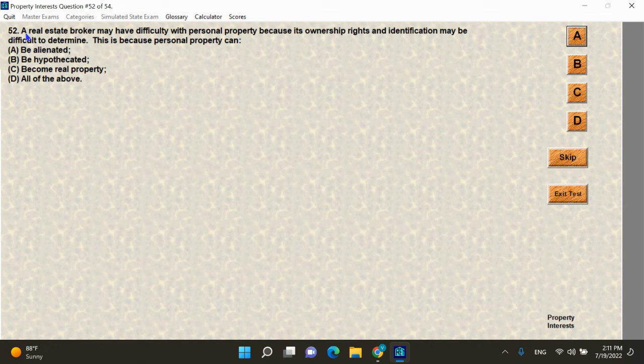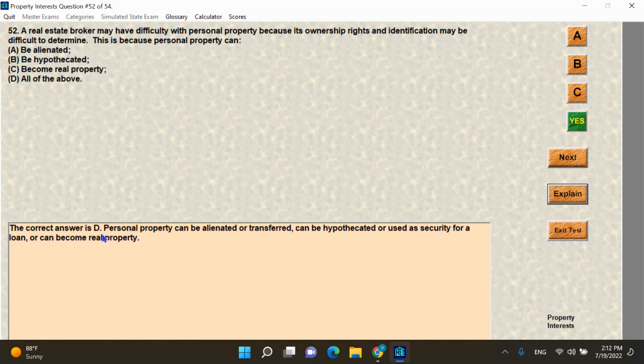Number 52, a real estate broker may have difficulty with personal property because its ownership rights and identification may be difficult to determine. This is because personal property can A. Be alienated, B. Be hypothecated, C. Become real property, D. All of the above.